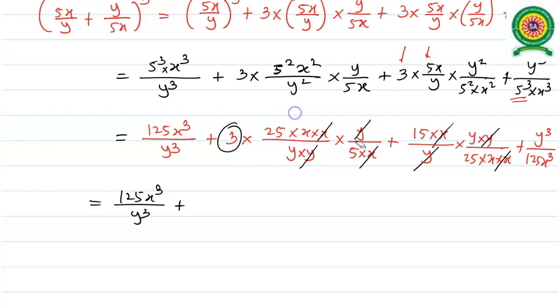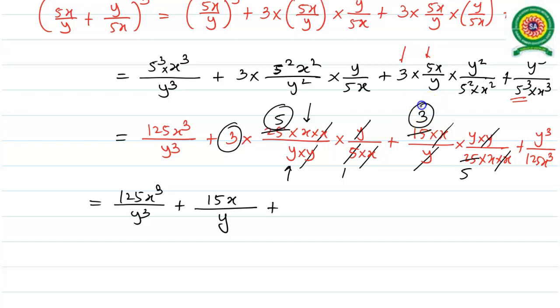So we may divide first: 5 1s are 5, 5 5s are 25. And now 5 3s are 15, and 1x over the numerator and the whole divided by 1y over the denominator. Plus now 5 3s are 15, 5 5s are 25.